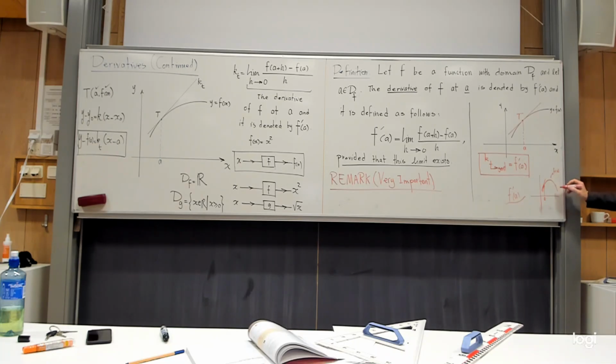For example, if I take this point to be B and ask you the same question, is f prime at this point positive or negative? Negative, because now the tangent line is this one and the slope here is negative. And if I point to a place where the tangent line becomes horizontal, what is the derivative there? 0, because the slope is 0.